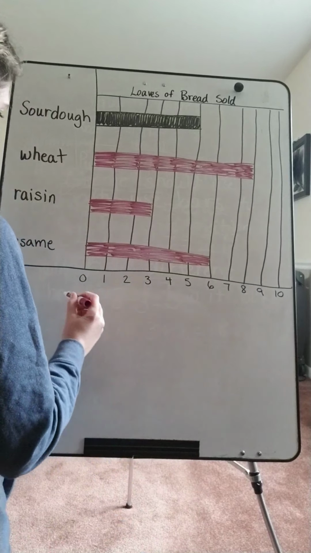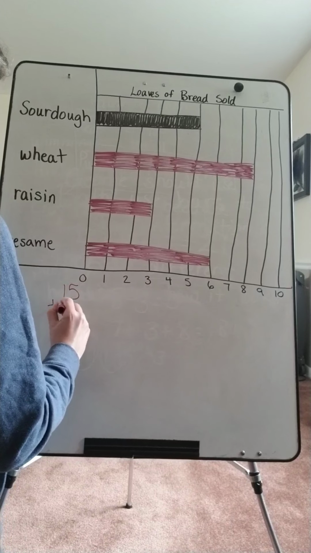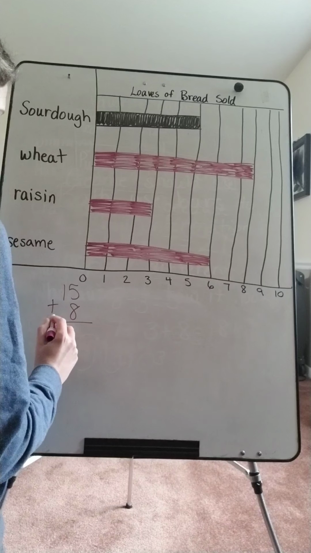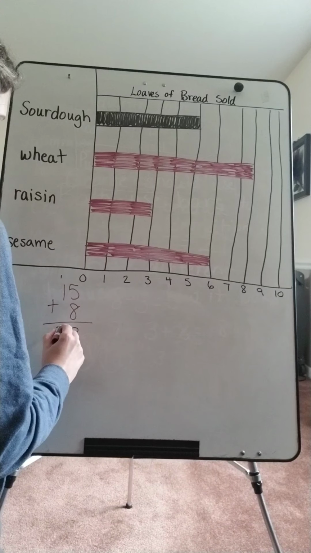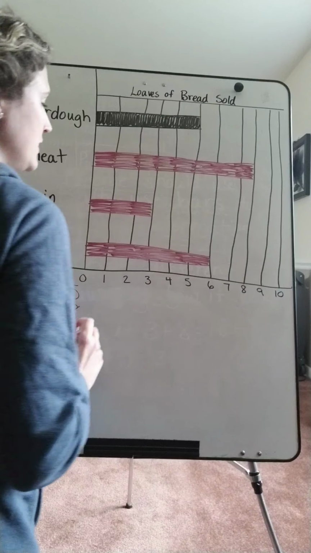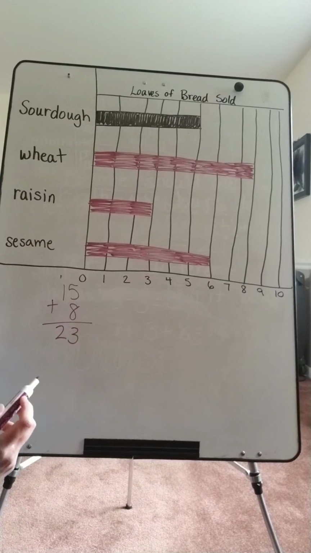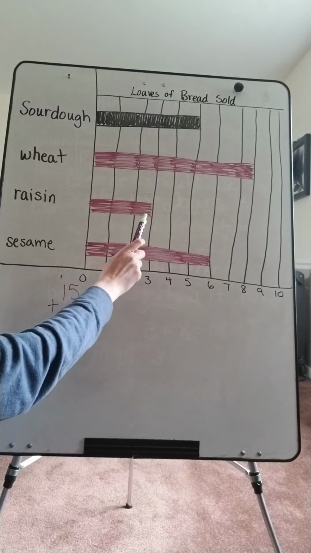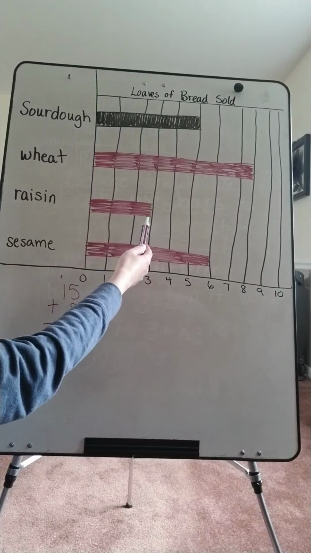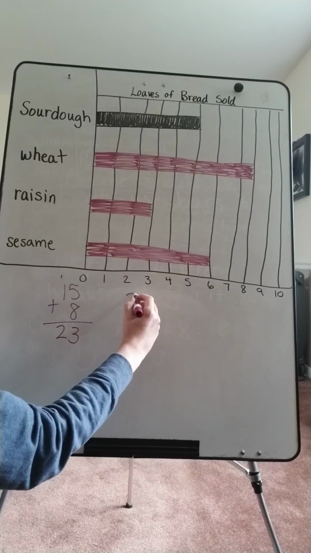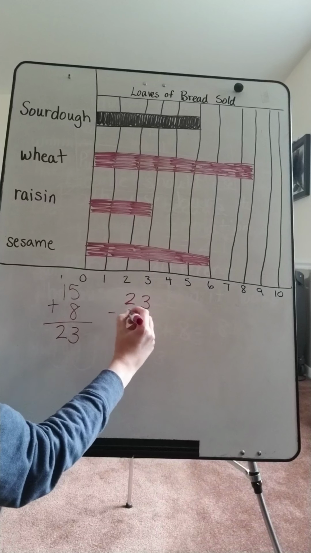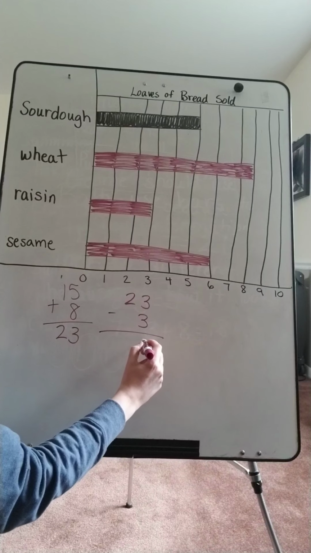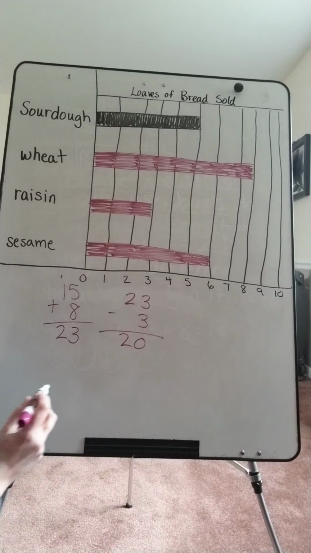So we need to add 15 plus 8, which is 23. Now we have a total of 23 wheat. We want to see how many more wheat we sold than raisin. Raisin, there was no additional, so it's just 3. So now we're going to take 23 wheat minus the 3 raisin, and we get 20.